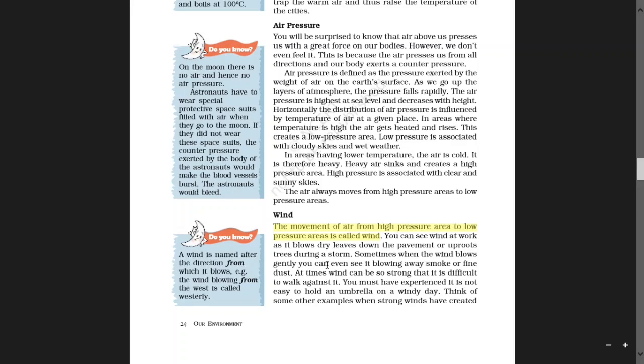At times, wind can be so strong that it is difficult to work against it. When a strong wind blows, it becomes difficult for a person to work against it, in the opposite direction of the wind.